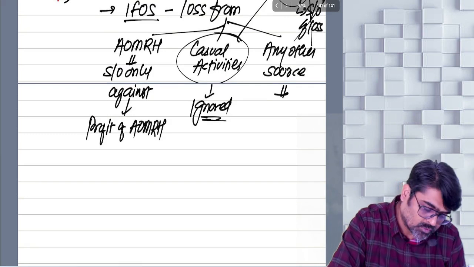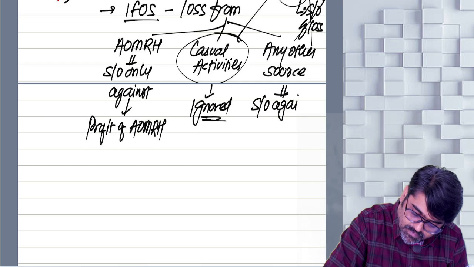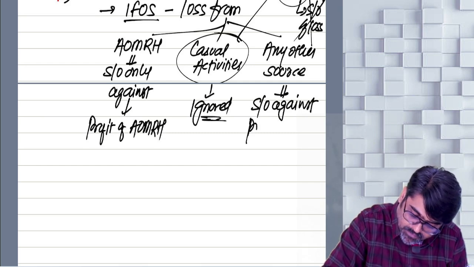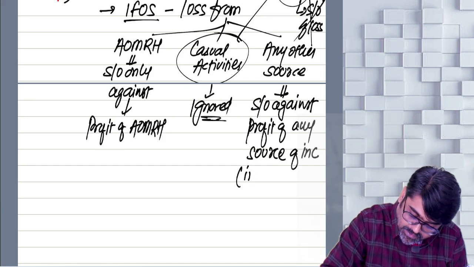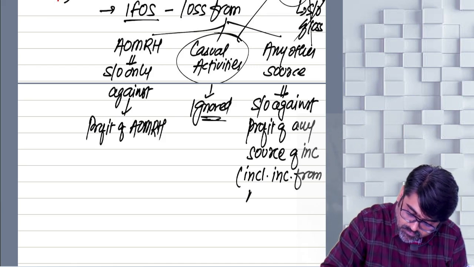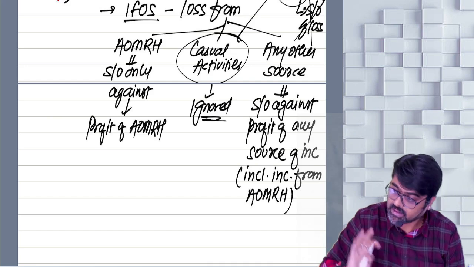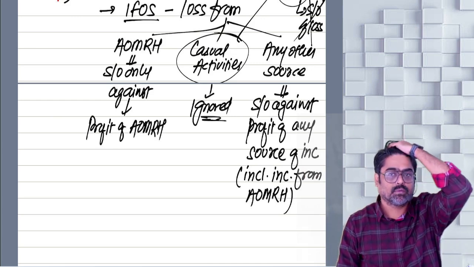So, any other source of income giving you a loss can be set off against income, profit of any source of income, including income from activity of owning and maintaining resources. Against that income also it can be set off. Will you remember this? Everyone?